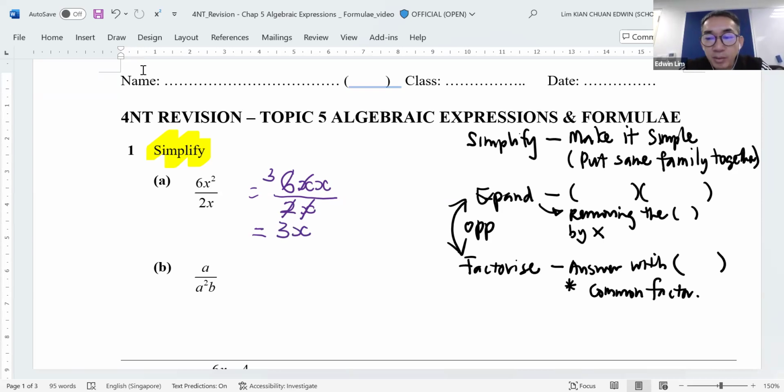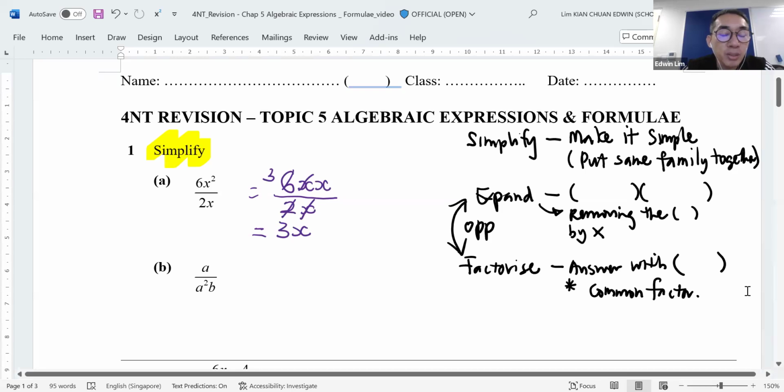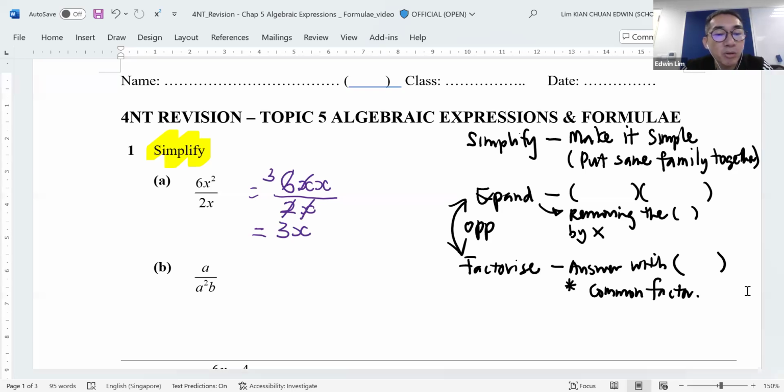Second part, you have to be a bit more careful because the numerator, meaning the top, is slightly smaller than the bottom of a squared b. I want to rewrite this again. a over a squared b is a over a times a followed with b. All right, so numerator at the top and the bottom both have a, can actually divide it off.